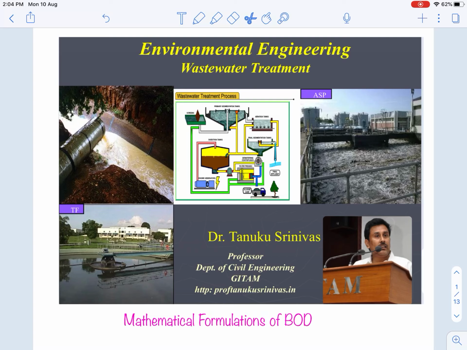Biochemical oxidation is a slow process, and theoretically it takes an infinite time to complete. Within a 20-day period, the oxidation is about 95 to 99% complete, and in the 5-day period, oxidation is from 60 to 70% complete.